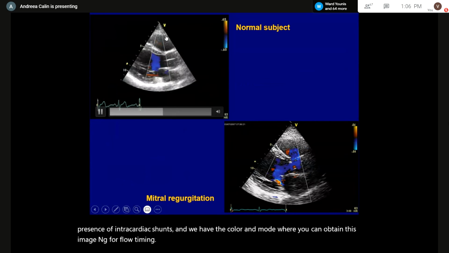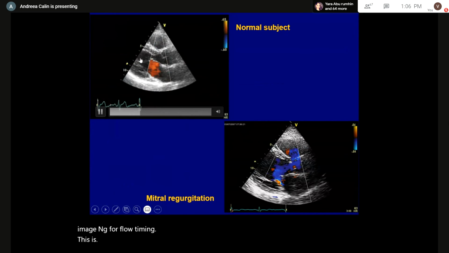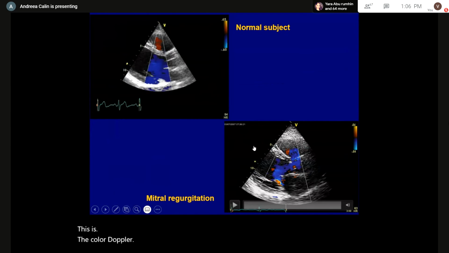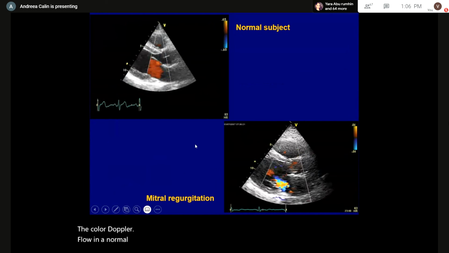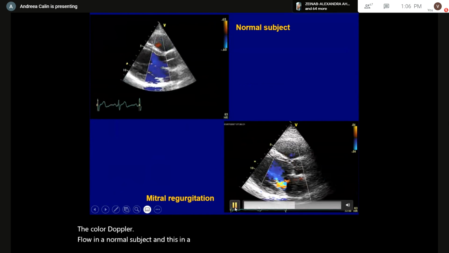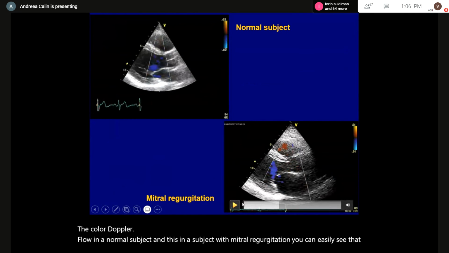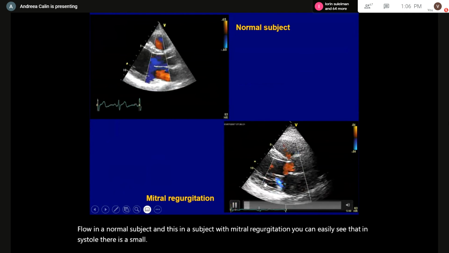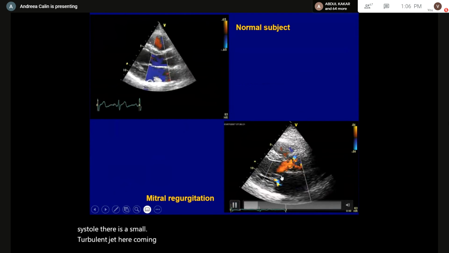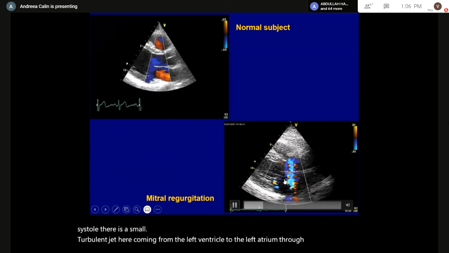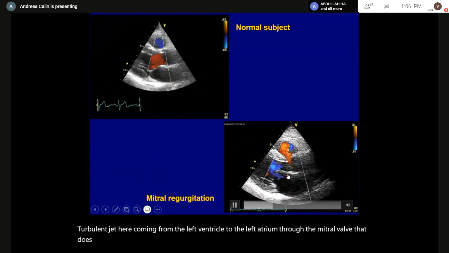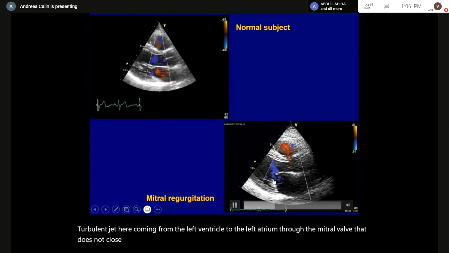This is the color Doppler flow in a normal subject and this in a subject with mitral regurgitation. You can easily see that in systole there is a small turbulent jet here coming from the left ventricle to the left atrium through the mitral valve that does not close properly in systole.